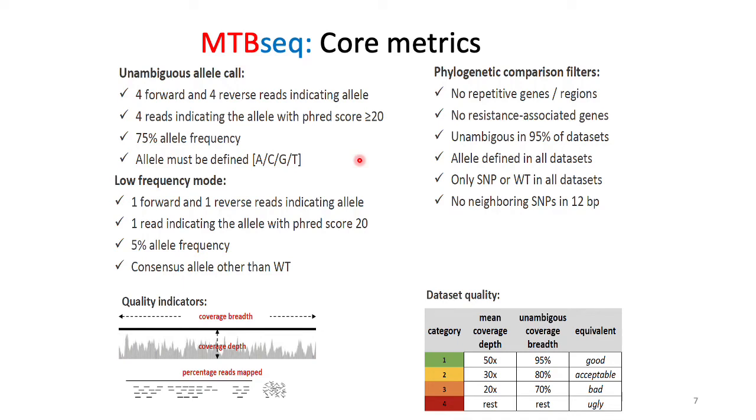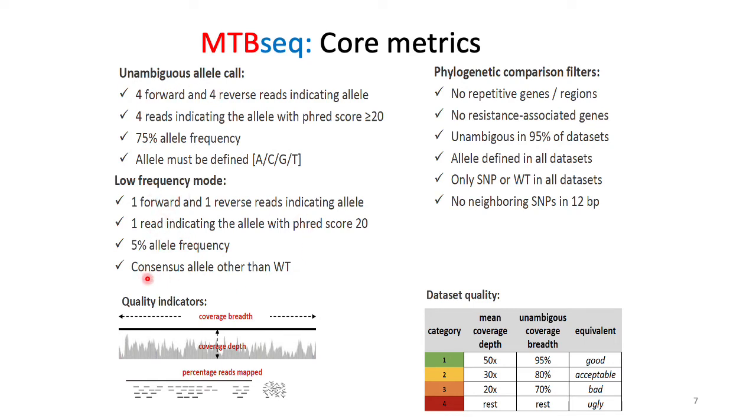In the sample-specific report file, detected SNPs and insertions and deletions are annotated with respective metadata, including the resulting amino acid change for SNPs in coding regions and association to antibiotic resistance. Moreover, in low-frequency detection mode, as you can see here, the parameter is different from the default mode.